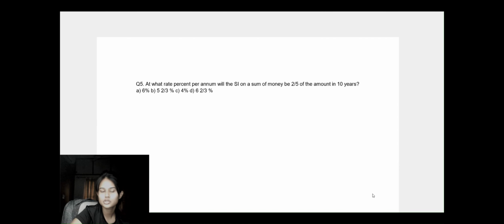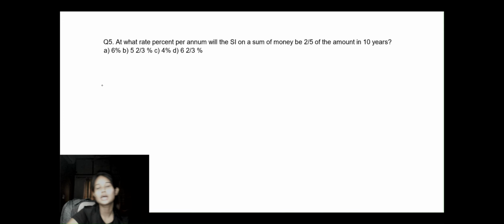Okay, coming to the next question. At what rate percent per annum will the SI on a sum of money be 2 by 5 of the amount in 10 years? Okay. So we have to find the rate, right?